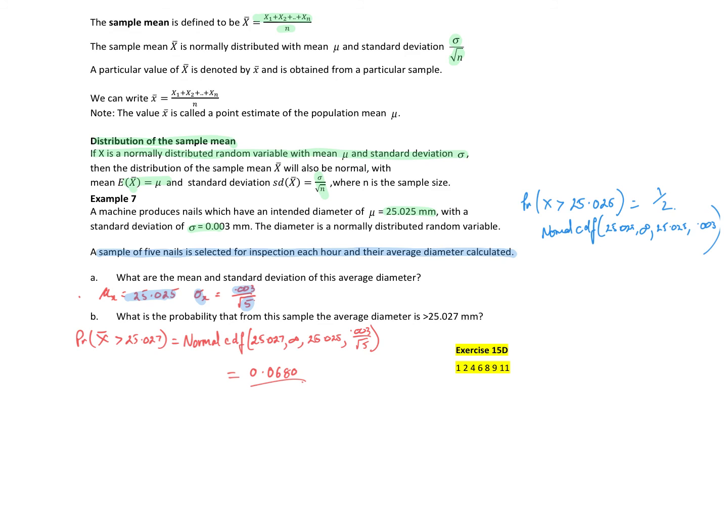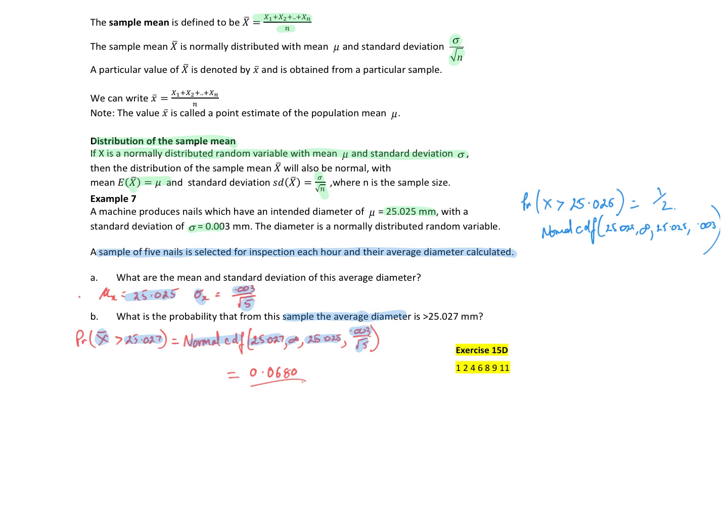So the average diameter of the 5 nails is distributed by those parameters. Now for X bar, the probability that the sample average diameter is greater than 25.027 is given by normal CDF from 25.027 to infinity, with the mean of the distribution, which is 25.025, and the standard deviation of the distribution, which is 0.003 over root 5.